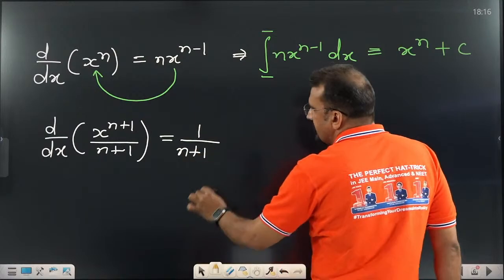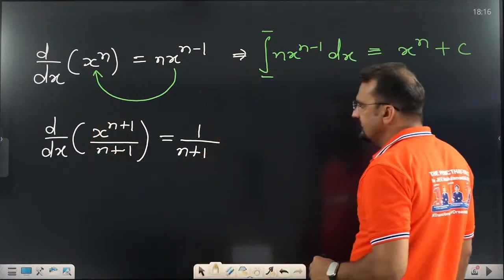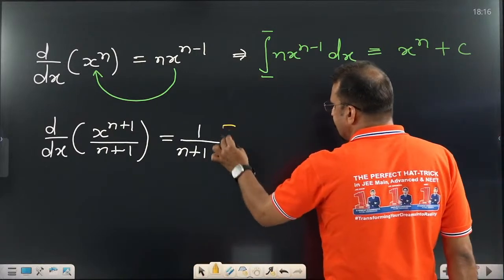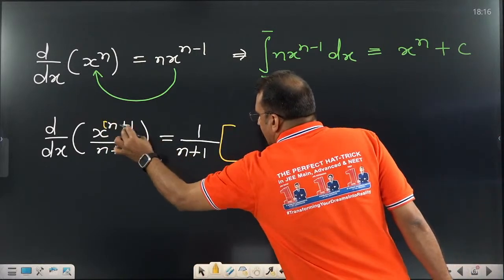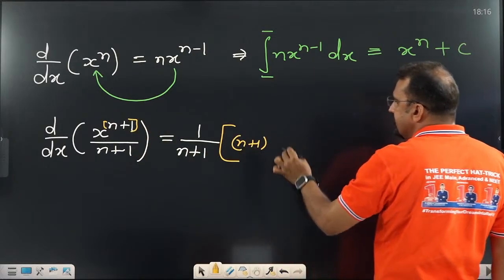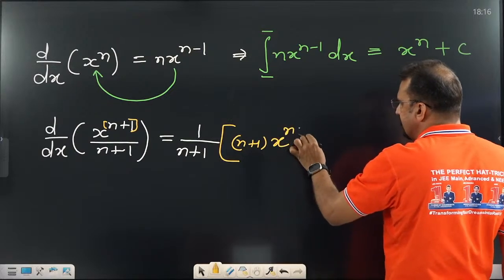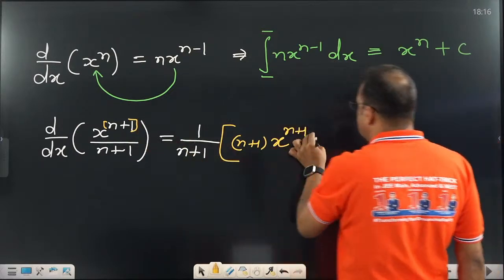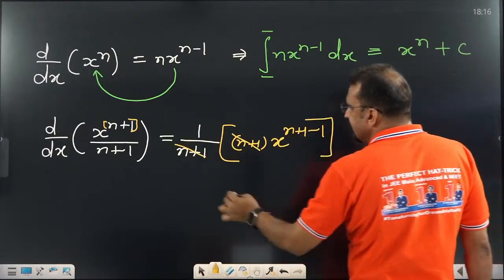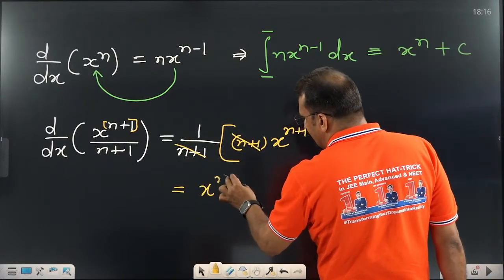Now differentiate x power n plus 1. What is the differentiation? The value of n is n plus 1, so x power n plus 1 minus 1. See, n plus 1 is going to be cancelled. This is going to be x power n.